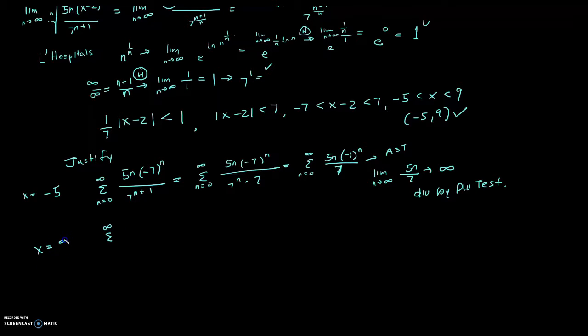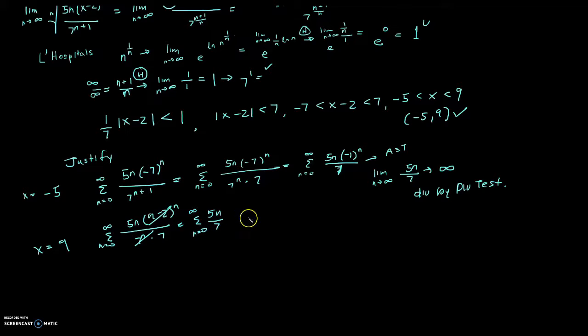Now let's do it as when x is equal to 9. Plug that in. 9 minus 2. And you can break up the denominator like you did before. This will cancel out, so you'll be left with this.